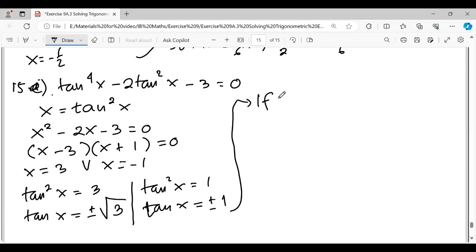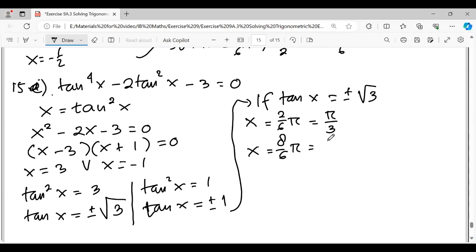If tangent x equals plus or minus square root 3, x equals 2/6 pi, we may simplify, becomes pi third, and x equals 8/6 pi, you may simplify, becomes 4/3 pi.